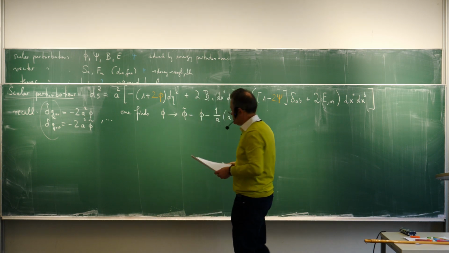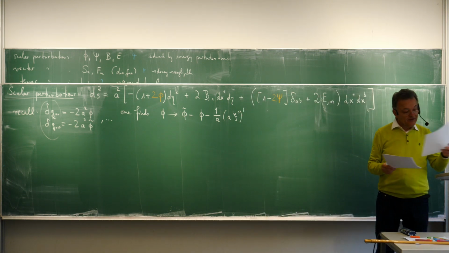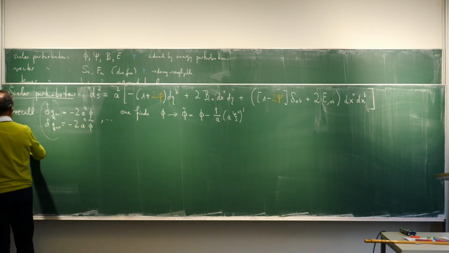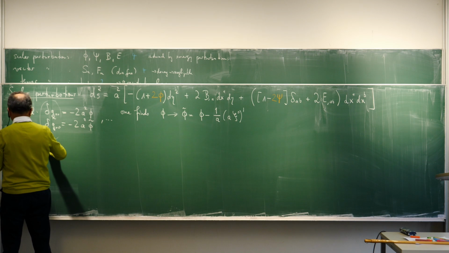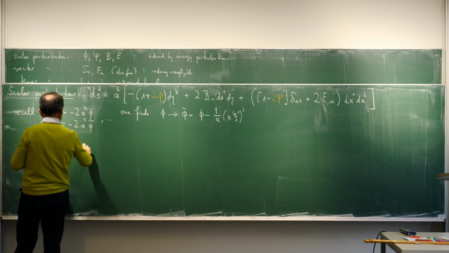Now the prime is the derivative with respect to conformal time, and just to remind you, x^μ going to x̃^μ is x^μ plus ξ^μ(x).